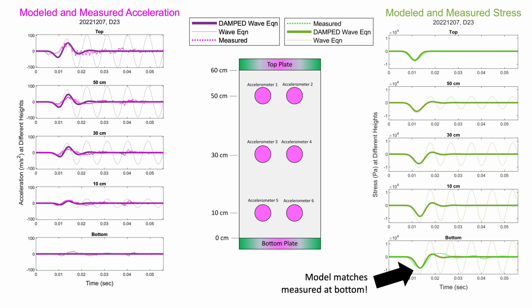So let's look at that same drop. And now we have the same impact from that same column. I'll grab a laser pointer again. The solid purple line is the damped wave equation. The faint purple line is the wave equation.